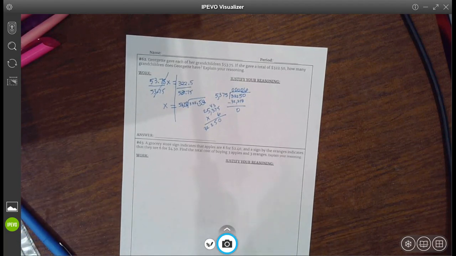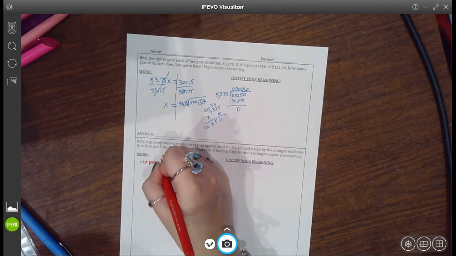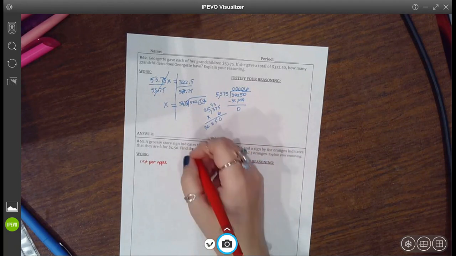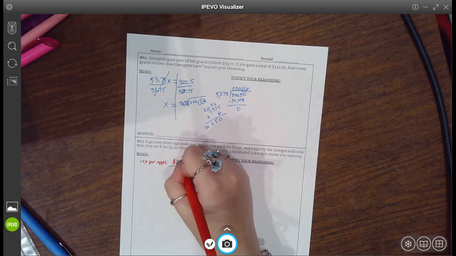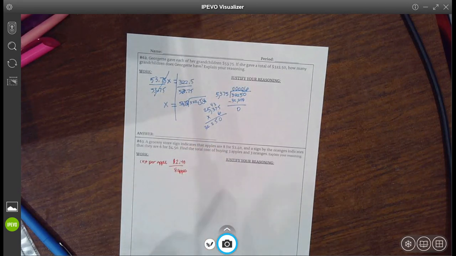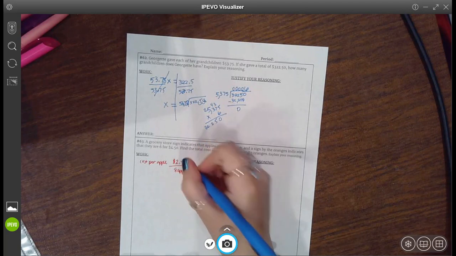So, okay, first off, I need to find the cost per apple. So if it's $2.40 for 8 apples, let's divide by 8 to see how much it is for just one.